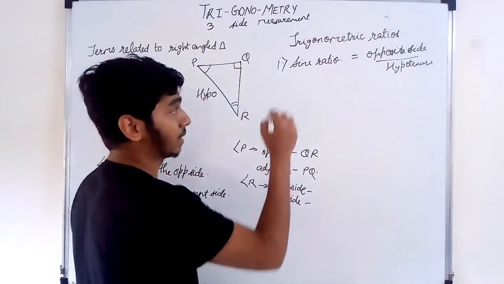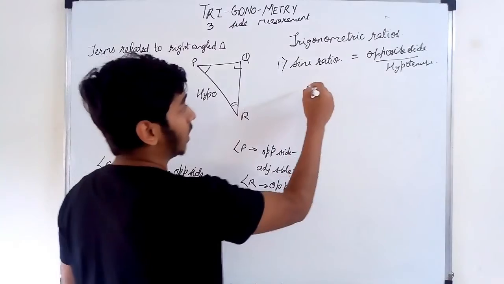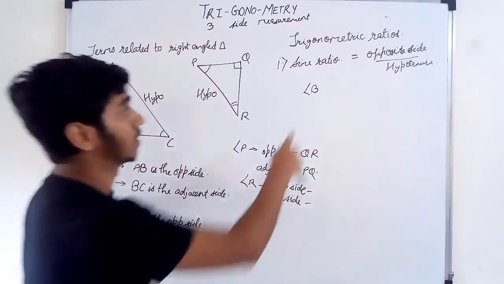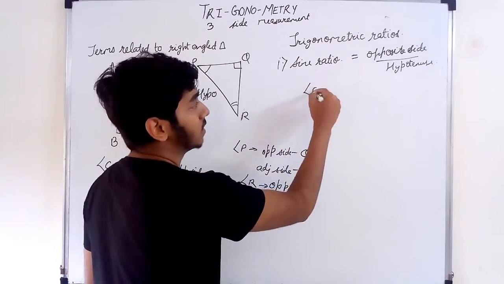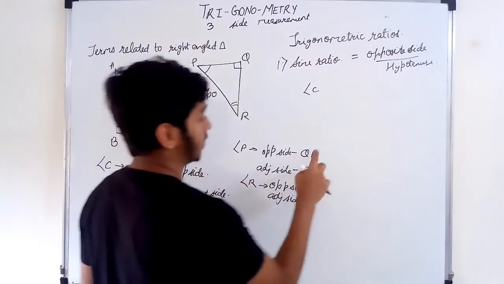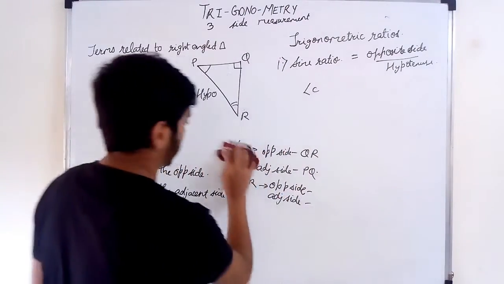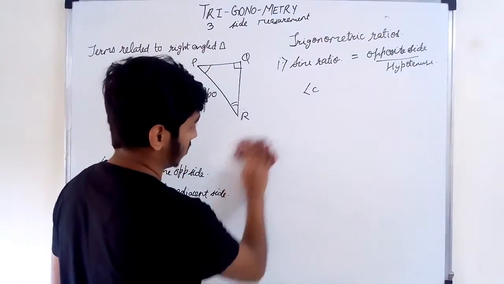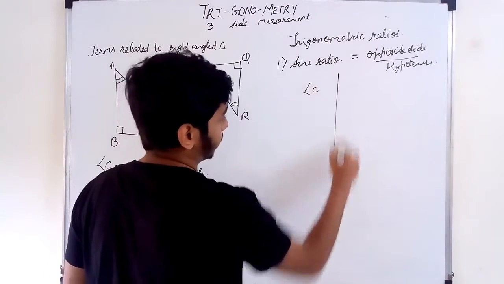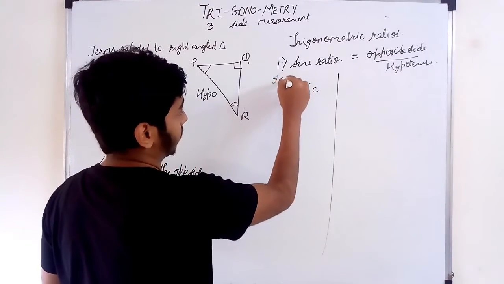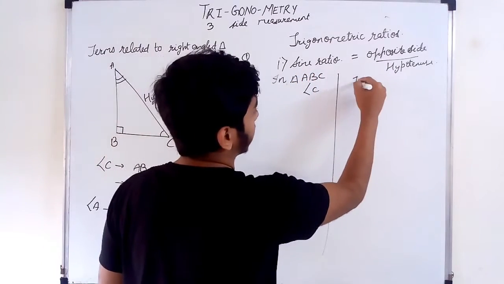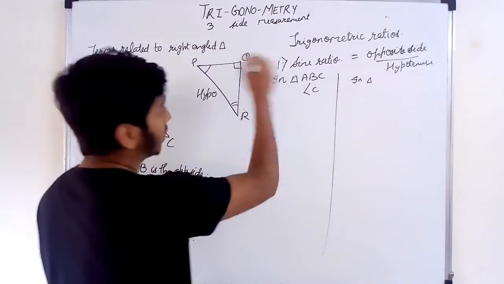If you think of an example, let's take, for example, angle B. Where is it? Oh, sorry. We'll take angle C in triangle ABC, and here in triangle PQR.